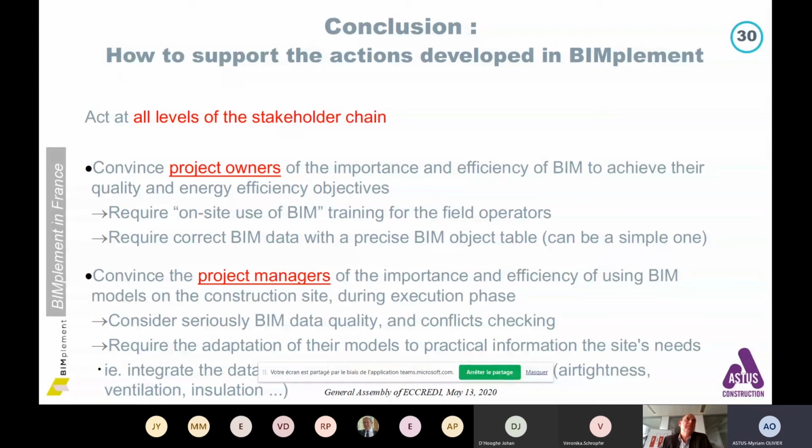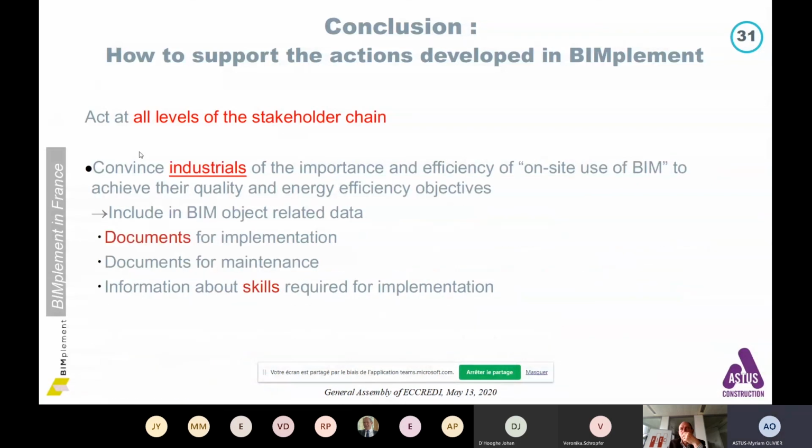And for the project manager, it would be very important for them to include the building company in the BIM process, and so develop specific exchange with them and have a fluent link between companies and designers. And for industrial, well, in France we have not involved much industrial in the project, but it has been done in Spain and in Netherlands.